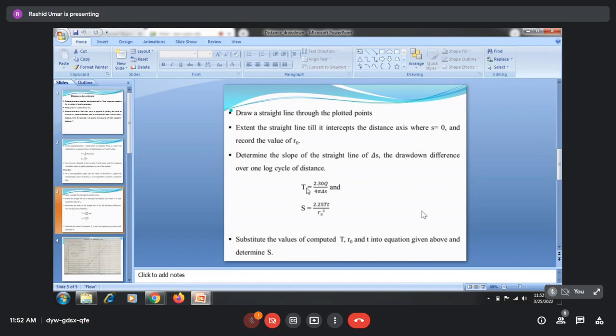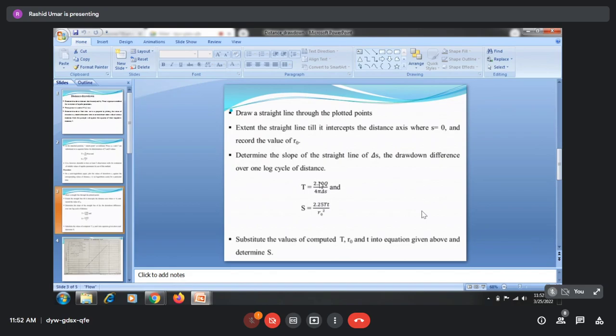This method just provides an independent check on the time drawdown data analysis. The transmissivity and storage coefficient which we evaluate by time drawdown data should be similar or very close to this calculation. So it provides a check whether the data which we have analyzed is correct or incorrect.